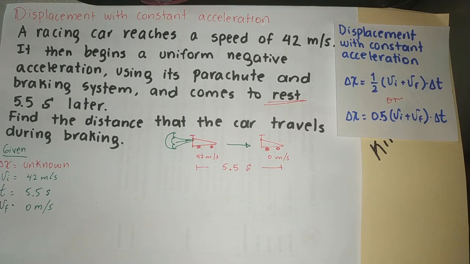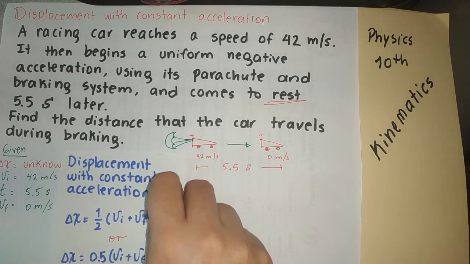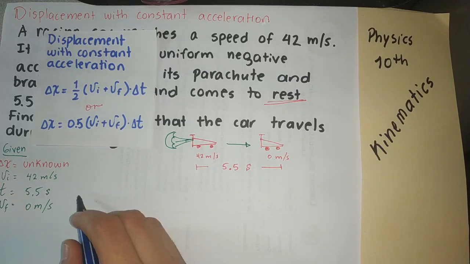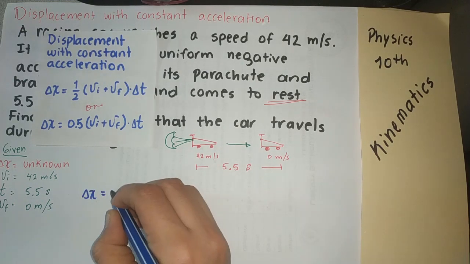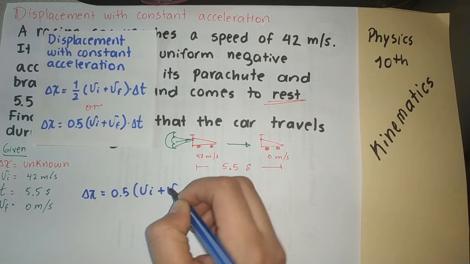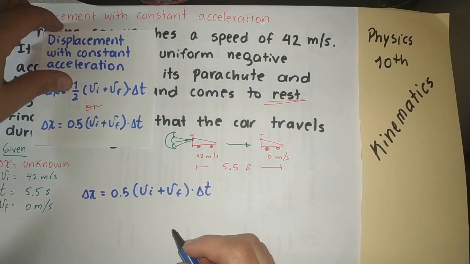So we apply the formula. You already know the problem, you probably already wrote it. So it says delta x equals 0.5 times initial velocity plus final velocity, times the time.